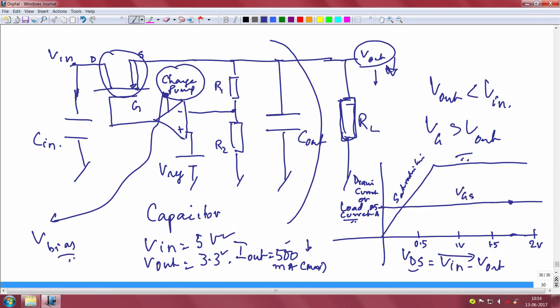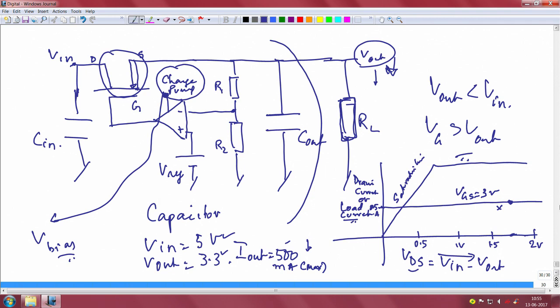Let us put VGS as 3 volts, indeed it is 3 volts. If you give a VGS between the gate and the source of 3 volts, this system will give you a drop of 1.7 volts across VDS and I will be able to source the current. Let us call this some point, let us say X.